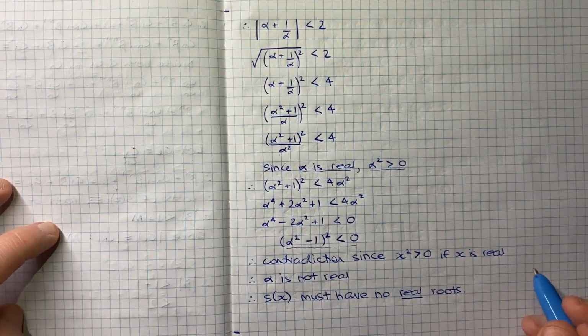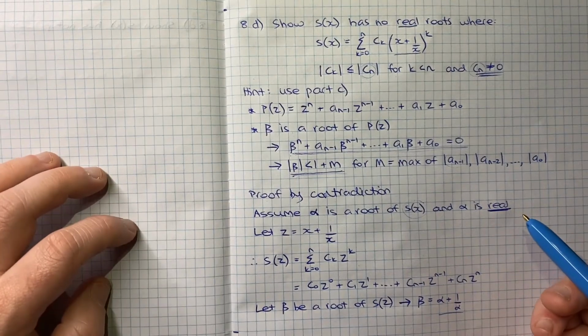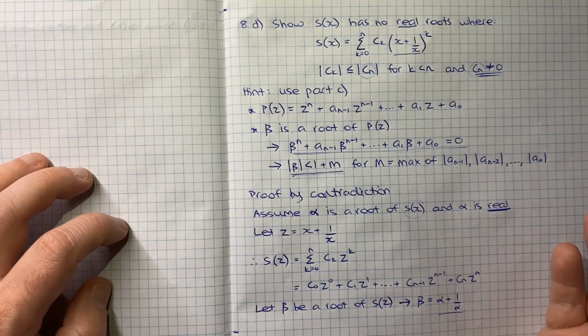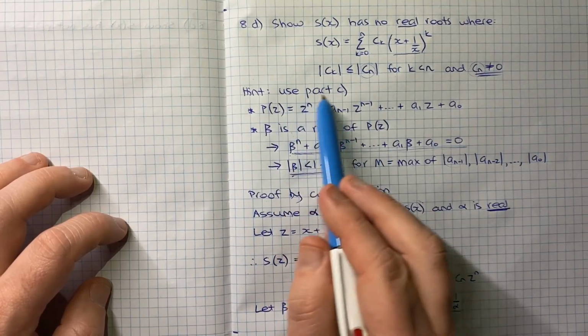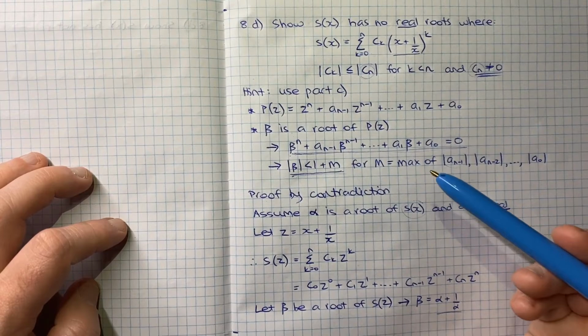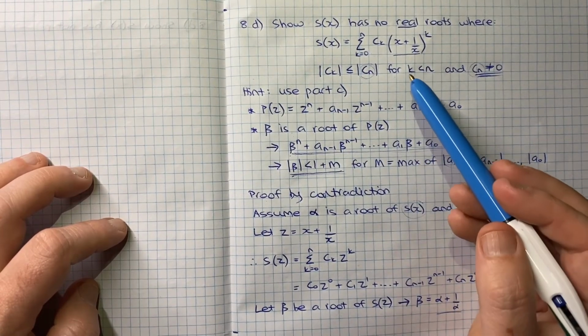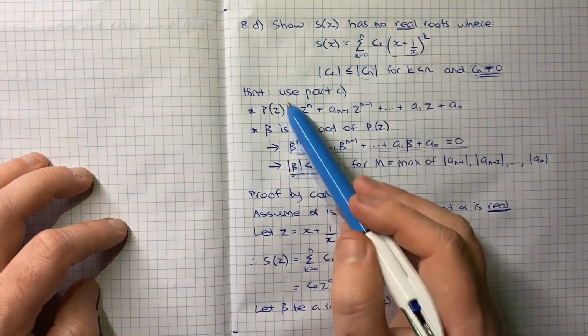So actually, on reflection, it's a pretty tough one. You can imagine plenty of students would not get there. We're told to use the link to part C, but I'd argue it's not an obvious link. There's quite a lot of work required to actually conclude that this function S of x is equivalent to P of z.